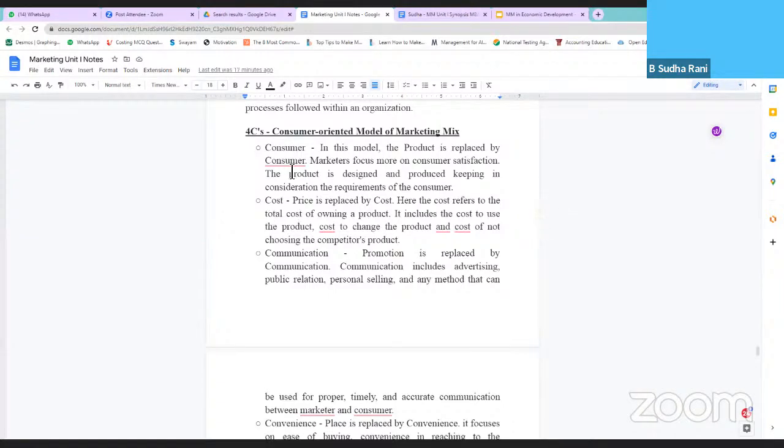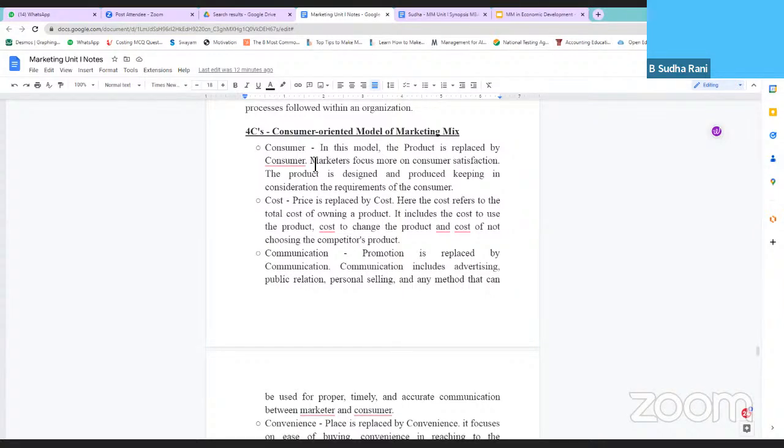That is, product is replaced by consumer. Earlier, the marketer used to focus on developing a product, then convincing the consumer. But the latest goal of marketers has become satisfying the customer. So product is replaced with the consumer.